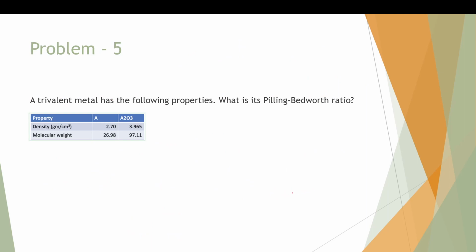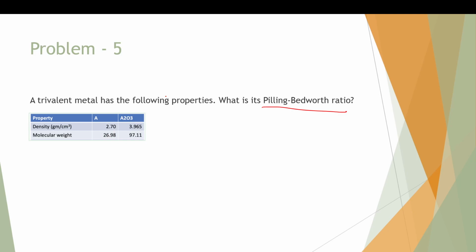Okay. So this is about finding the Pilling-Bedworth ratio. A trivalent metal has the following properties. They have given the properties. A is the metal and A2O3 is its oxide. So we have to find the Pilling-Bedworth ratio. If you remember, the Pilling-Bedworth ratio was the molar volume of the oxide upon the molar volume of the metal.